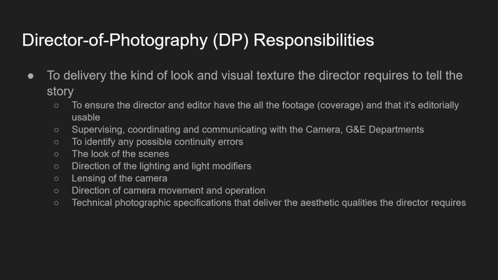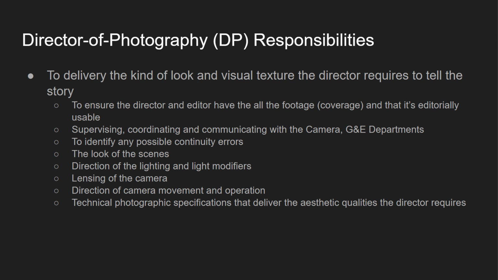This is thinking about camera angles, shot sizes, and good takes of the proper scene to tell the story. They also supervise, coordinate, and communicate with the camera department and the grip and electric departments.